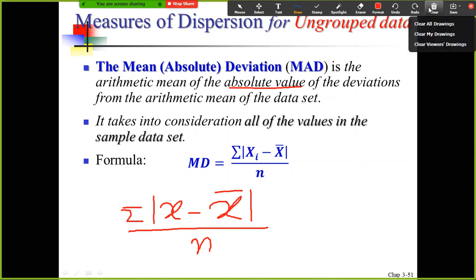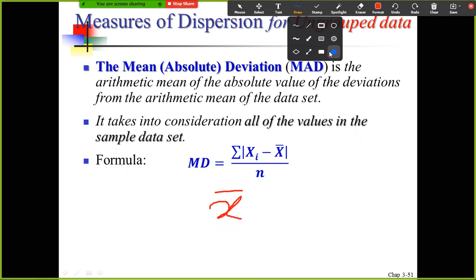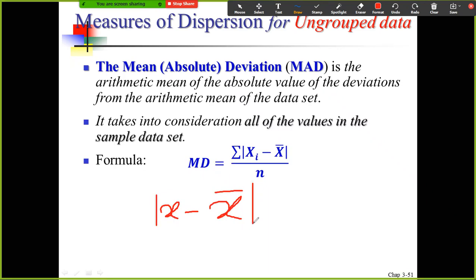So first, once again, find the arithmetic mean. Then you need to take every x minus the mean. Then we put absolute value in order to eliminate the sign, no negative, no positive sign. Then we add them together and divide by n.